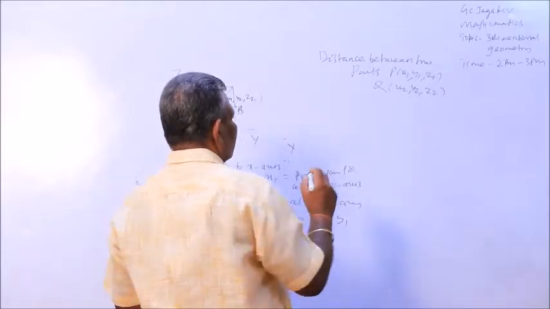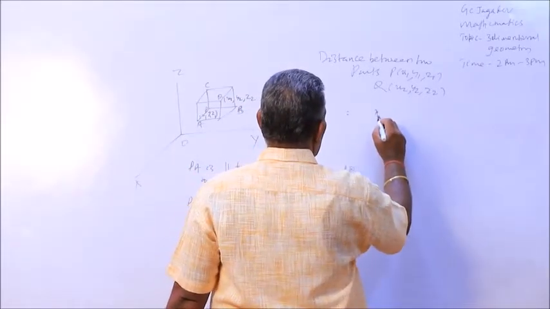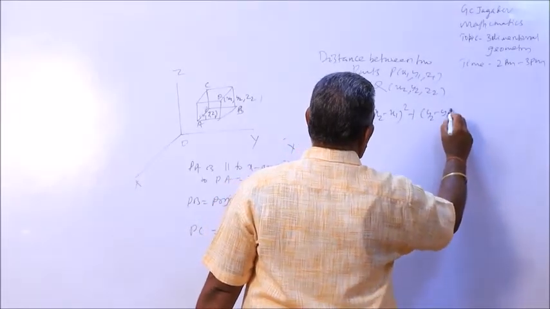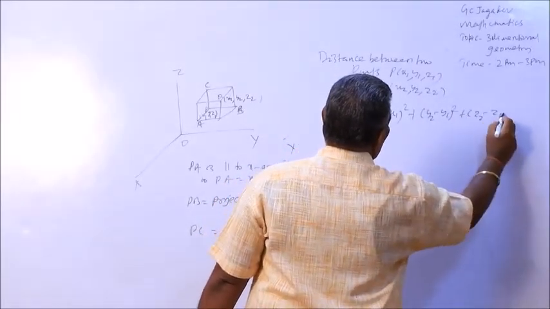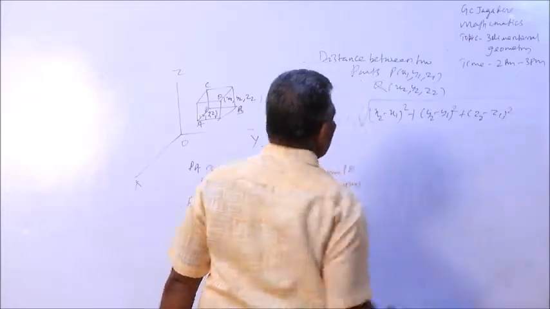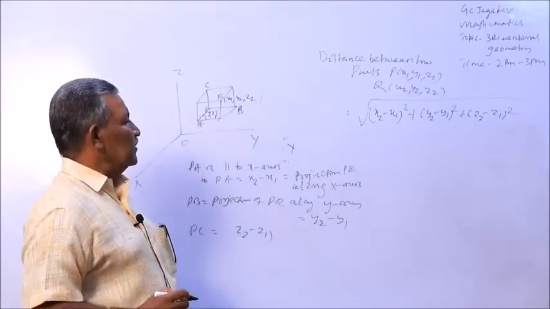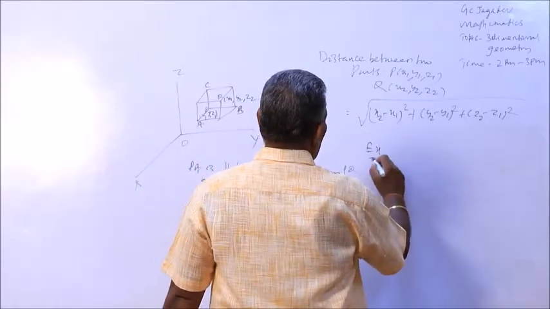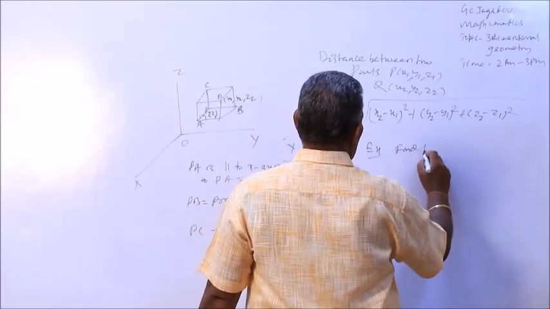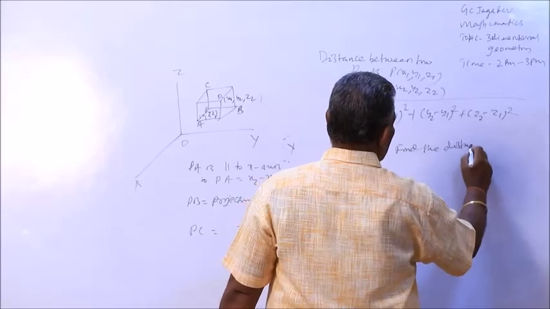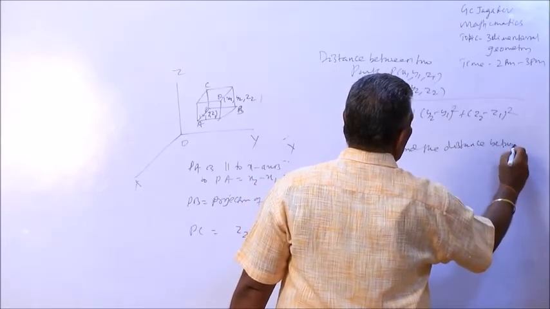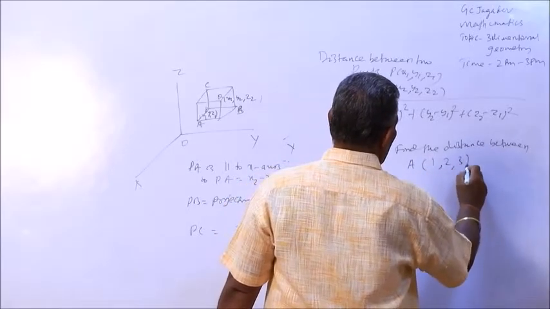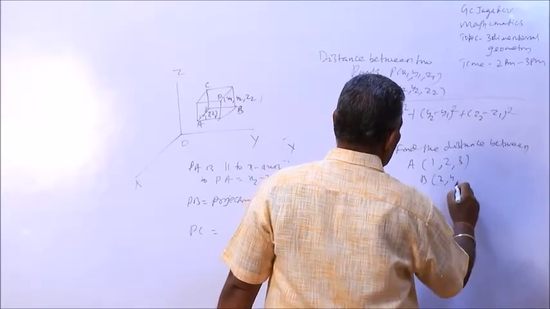Similarly is the case here: the square root of (x2 minus x1) squared plus (y2 minus y1) squared plus (z2 minus z1) squared. So this is the distance between two points. As an example, let us find the distance between A(1, 2, 3) and B(2, 4, 7).